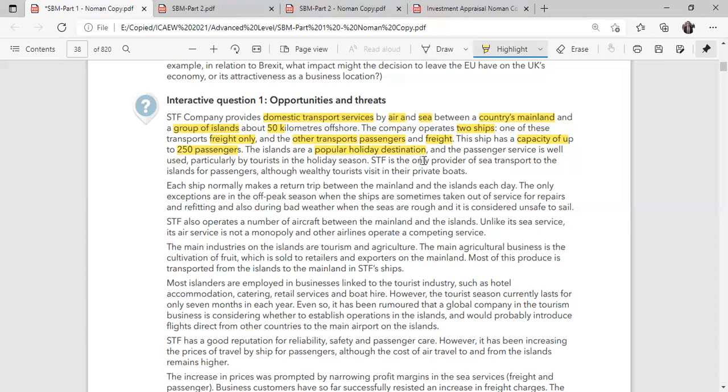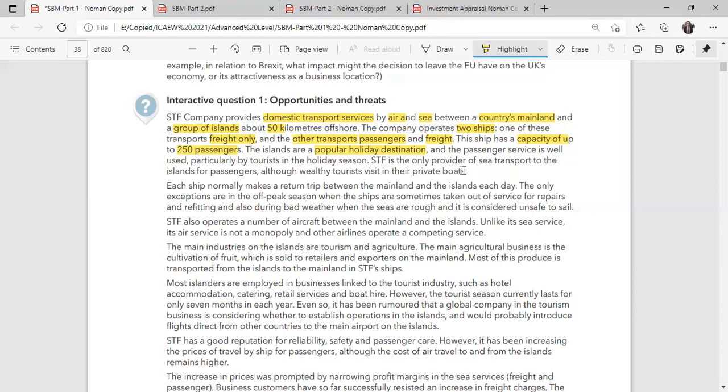So a lot of passengers might have to wait in a queue to go to this particular island. If there is a popular holiday destination, then you might need to go for different ships basically, because there could be a lot of people traveling to that area for their holidays, for their vacation. And the passenger service is well used, particularly by tourists in the holiday season, as I just mentioned.